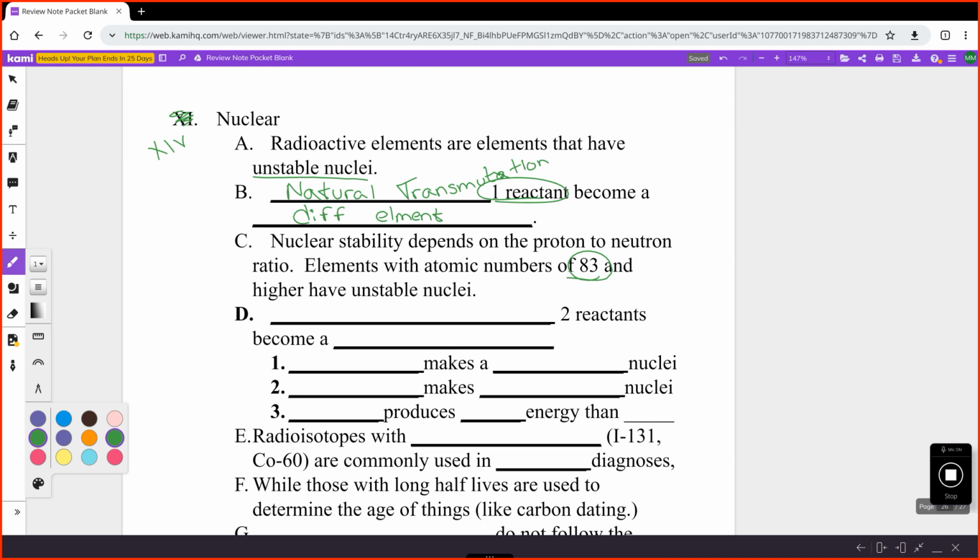If there's natural transmutation, there will also be artificial transmutation. This is different than natural because two reactants become a different element.